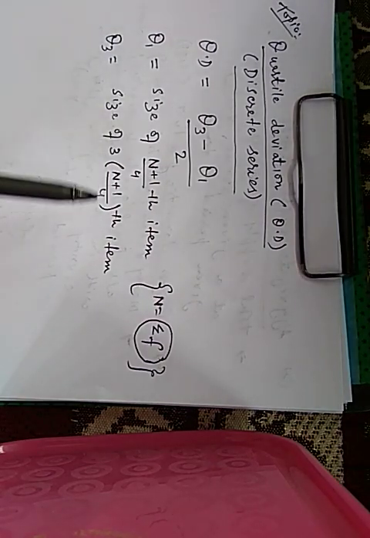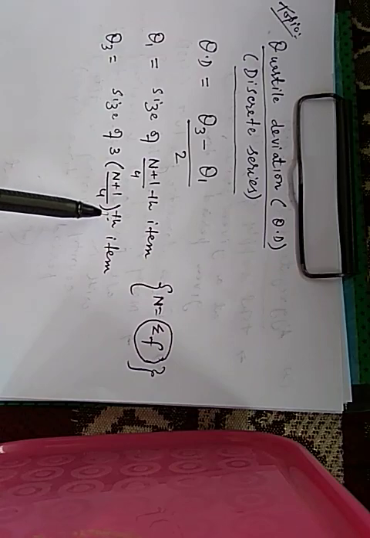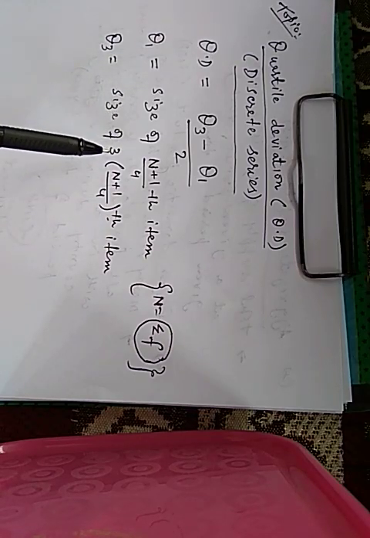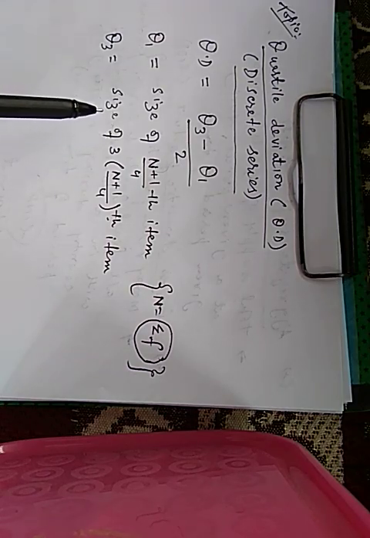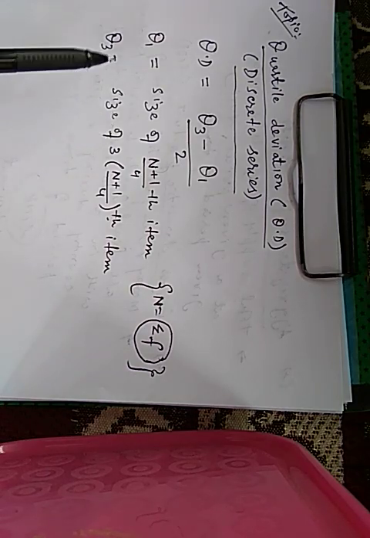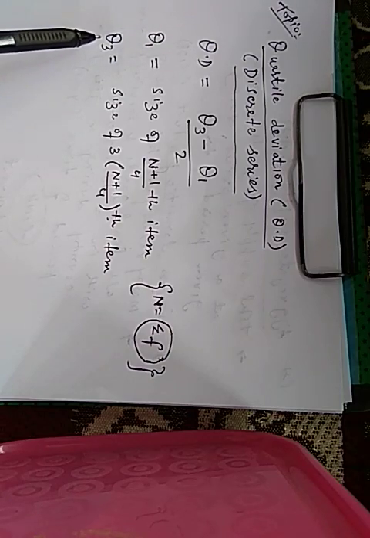And these values obtained with the help of this formula are to be found in the cumulative frequency. That will give us the value of the variable which will be first quartile and third quartile.